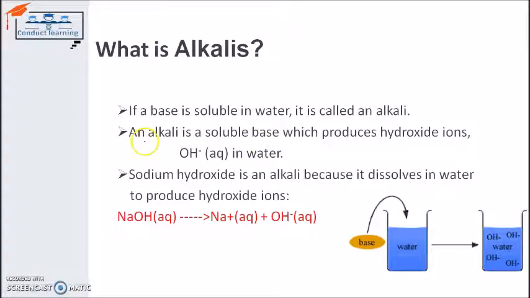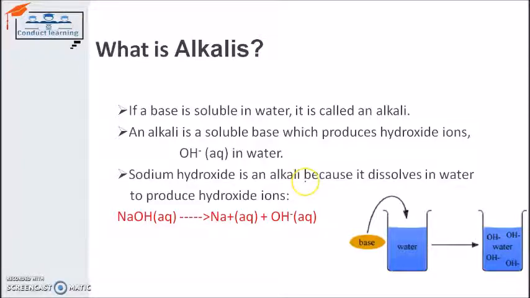So the second line is saying an alkali is a soluble base which produces hydroxide ions. This is what I said. If the base is put in water and it produces OH negative ions, then the base is called an alkali. If it does not produce OH negative ions, the base is not an alkali but only a base.